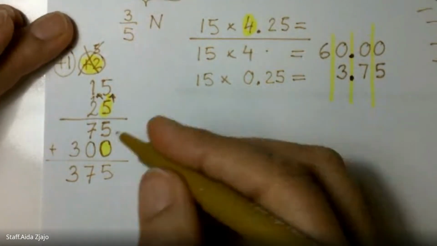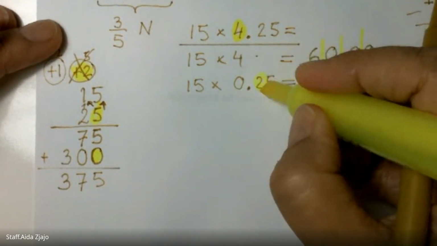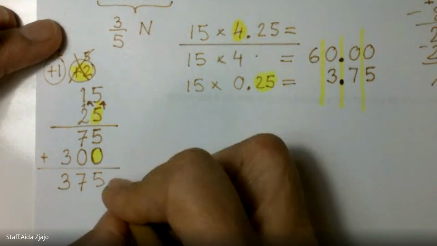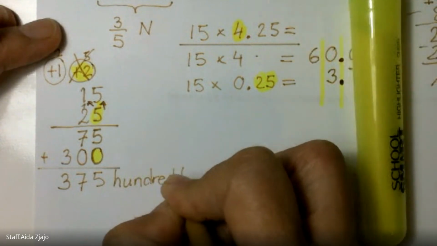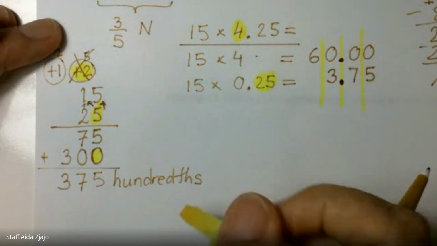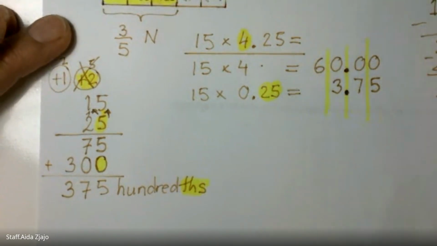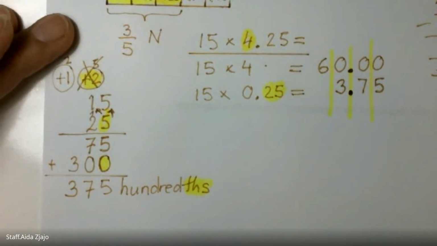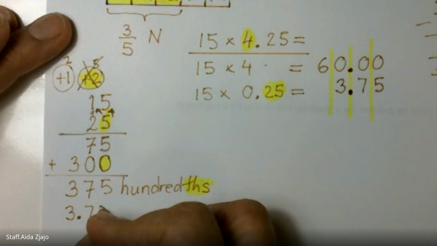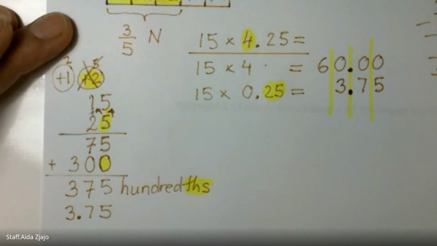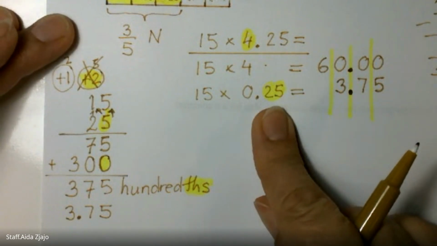But what are they? 375. These are hundredths or pennies. We need to show that this is 375 hundredths, not the whole numbers. So that means that we will actually have $3.75 when we multiply 15 times 0 wholes and 25 hundredths.